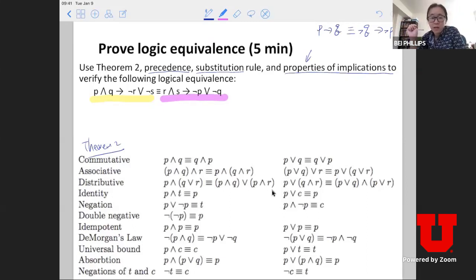You can have a column for P, a column for Q, a column for R, and then all the subsequent columns that use those components, and you show that the column for the left-hand side and the column for the right-hand side agree among all the truths and falses. So that's one way to prove it. But here we ask you specifically to use a bunch of rules to prove it, so you need to do that instead. Okay.